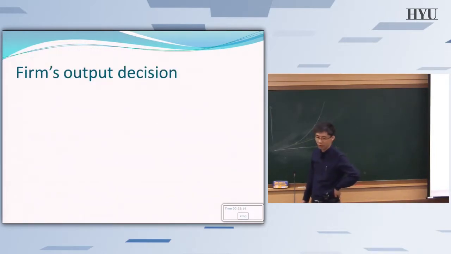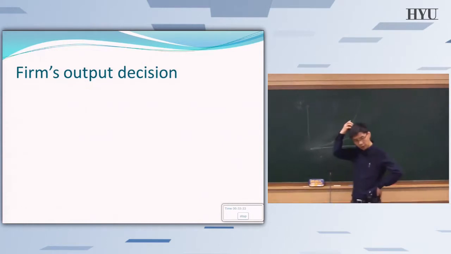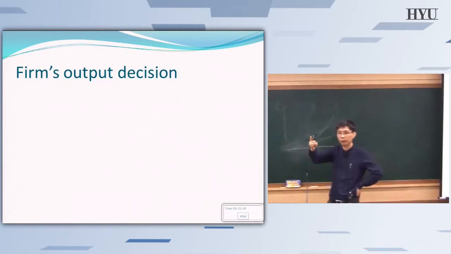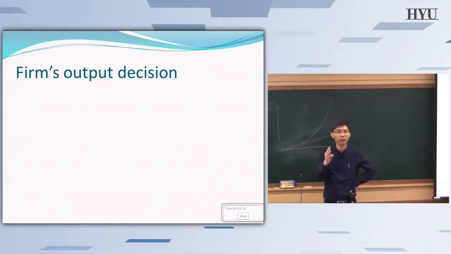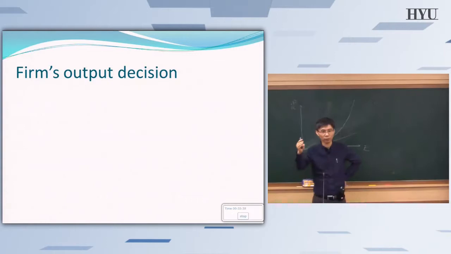But let's look at an alternative way to approach labor demand. What we do here is think of the firm's output decision. So far we have looked directly at how much labor input firms will use. But here, let's take a kind of indirect way.